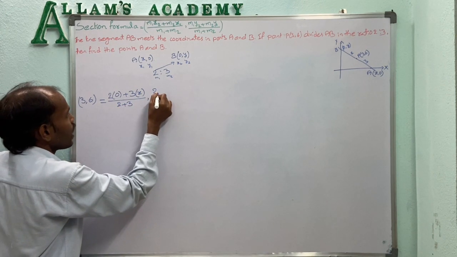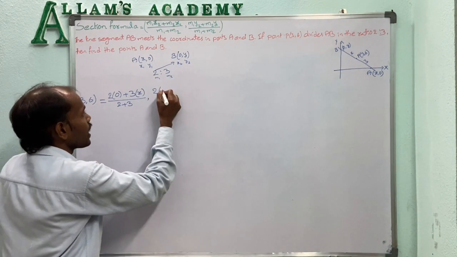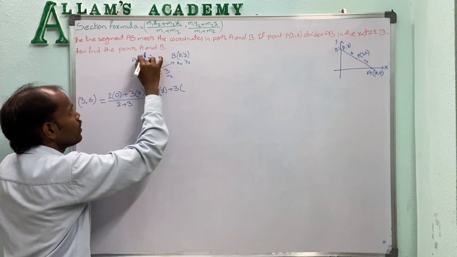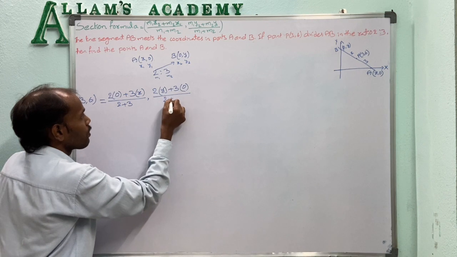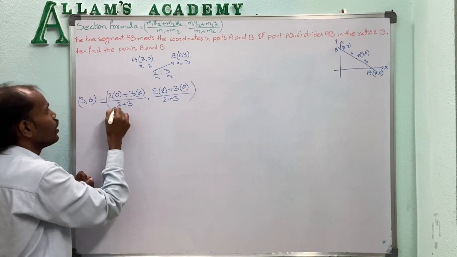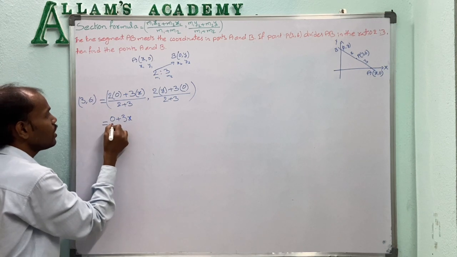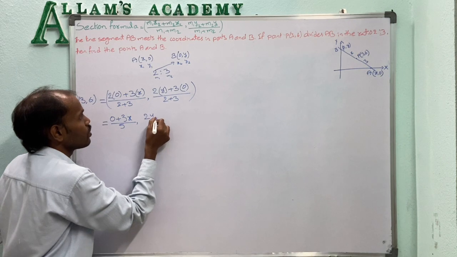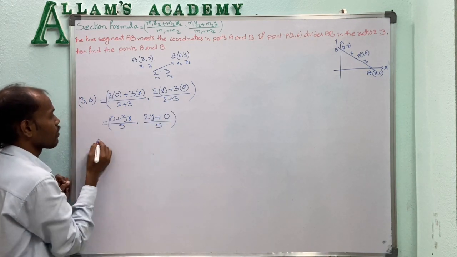Next m1 y2, so 2 into y2 is y, plus m2 into y1, 3 into y1 is 0, by m1 plus m2, 2 plus 3. 2 into 0 is 0 plus 3 into x is 3x by 2 plus 3 is 5. 2 into y is 2y plus 3 into 0 is 0 by 2 plus 3 is 5.